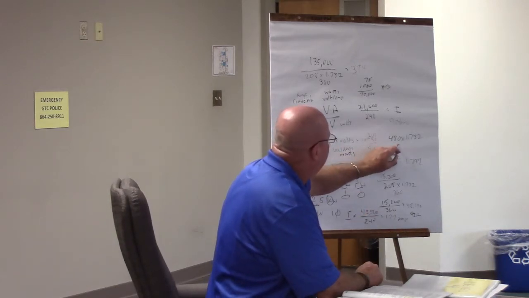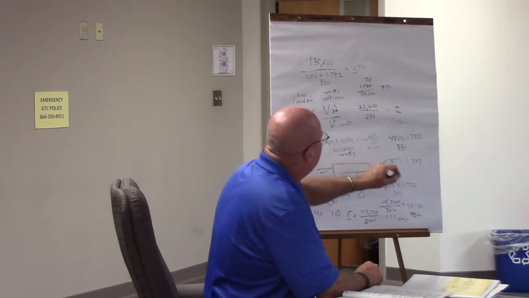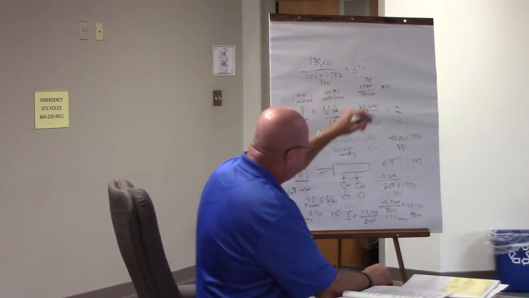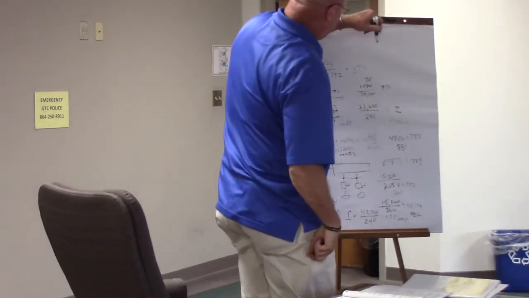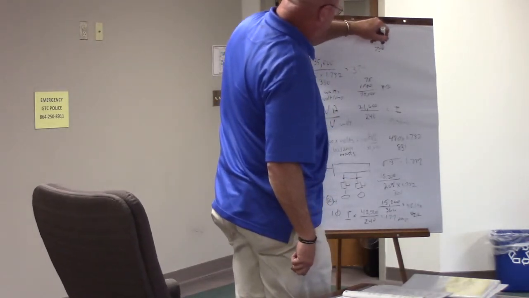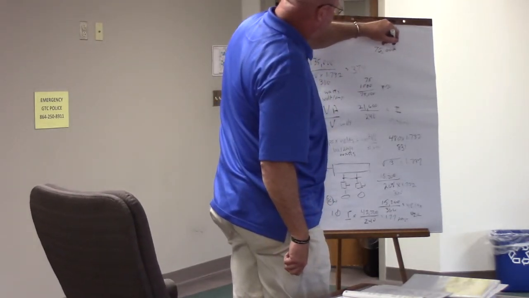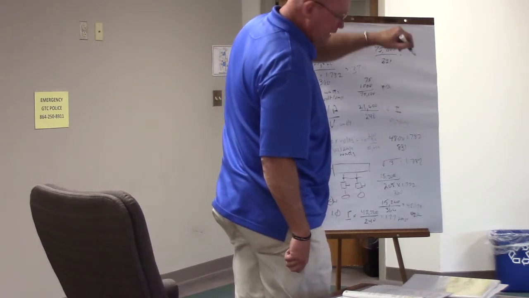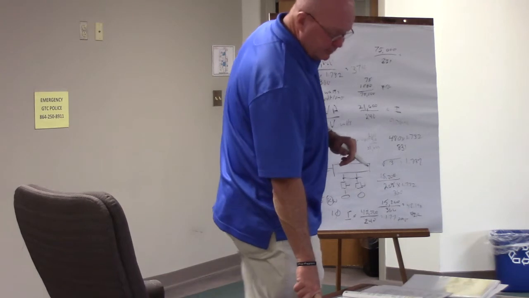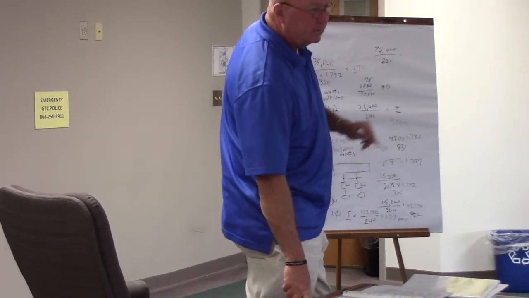Okay, so 830. So now we're going to take that 75,000 and divide it by 831 and we should get what? About 90. About 90 amps.